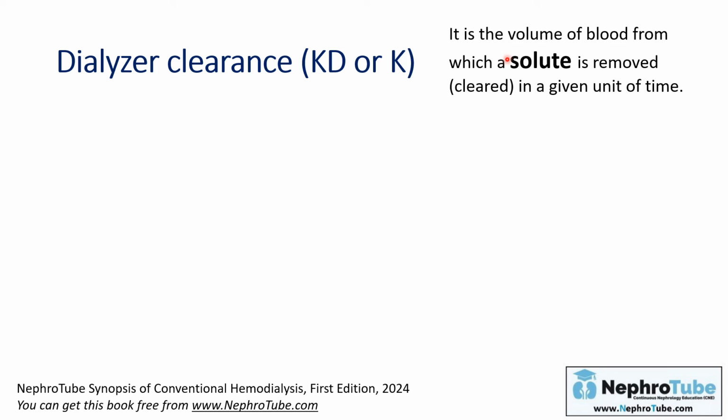So what is meant by dialyzer clearance is the volume of blood from which a solute is removed. Let's take an example to make this definition clearer. The dialyzer clearance can be calculated by multiplying the QB, which is the blood flow rate, by the extraction ratio. The extraction ratio is the ratio we mentioned in the previous slides.